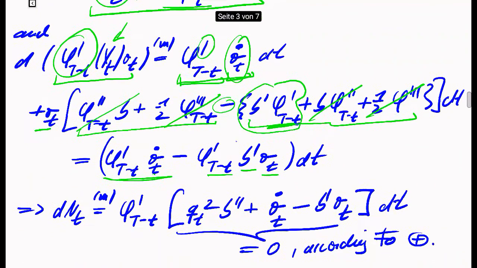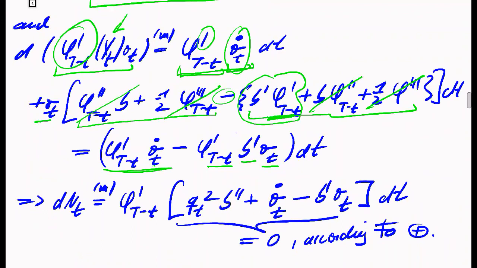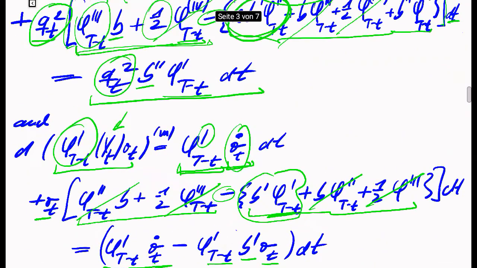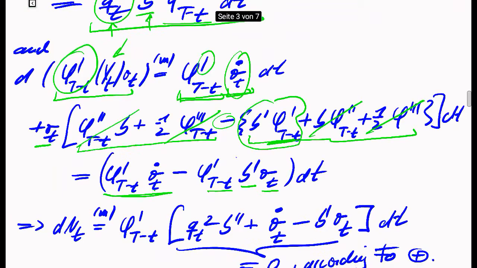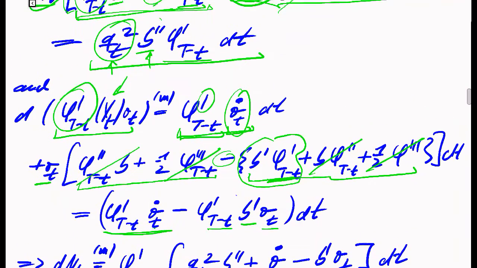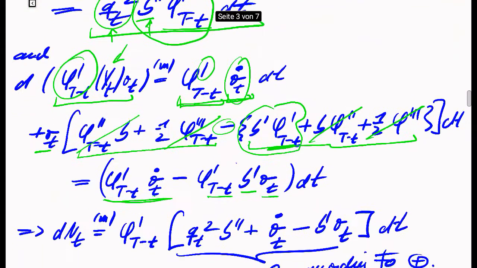And if I then combine the two computations that I just did, recall the first computation produced a qt squared b double prime phi prime t minus t. So that's a b double prime phi prime t minus t.